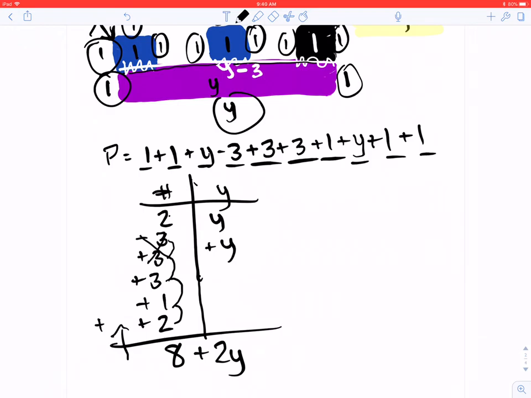If I had gone from the top down, I would have had 2 minus 3 is negative 1 plus 3, and that's a little more tricky. So I noticed that by adding from the bottom up, I could take 3 away. I'd have enough tiles to take 3 away. So my perimeter equals 8 plus 2y, and I can't forget my label of units.